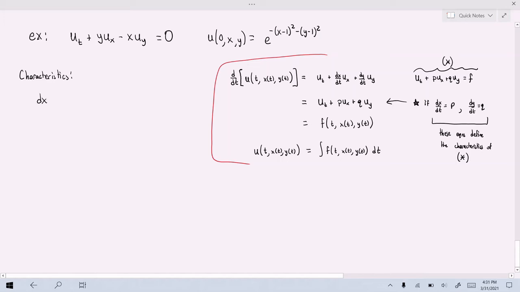So for the characteristics, they are defined by the equations dx/dt equals y and dy/dt equals negative x. So here we have a system of differential equations.